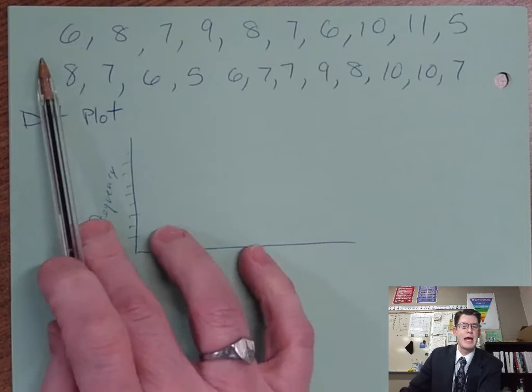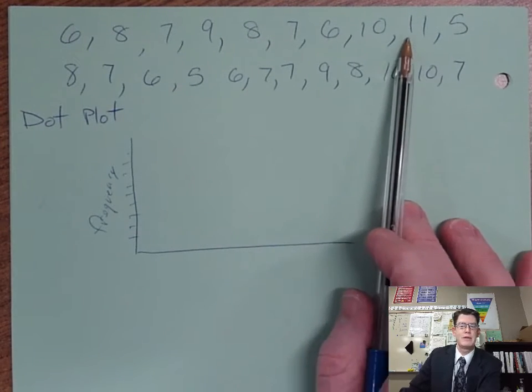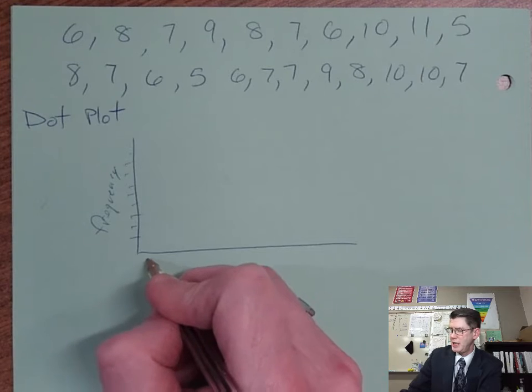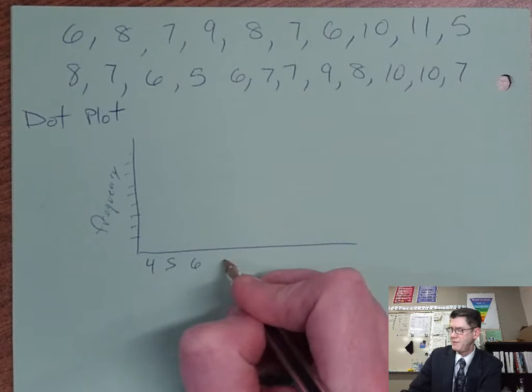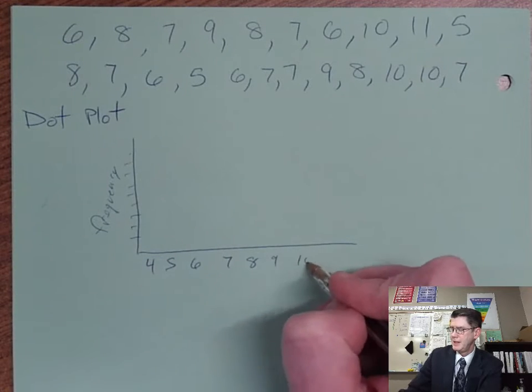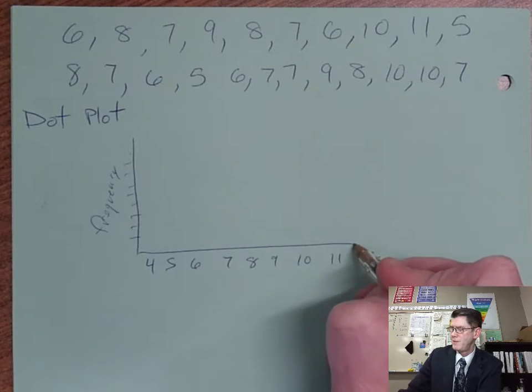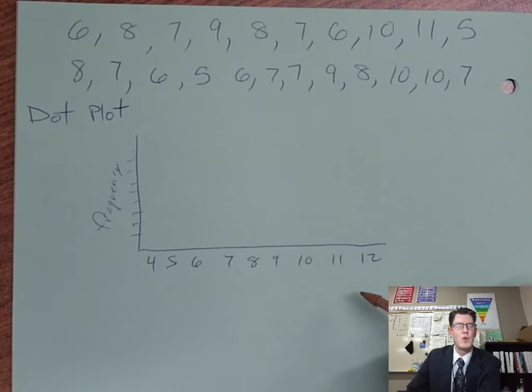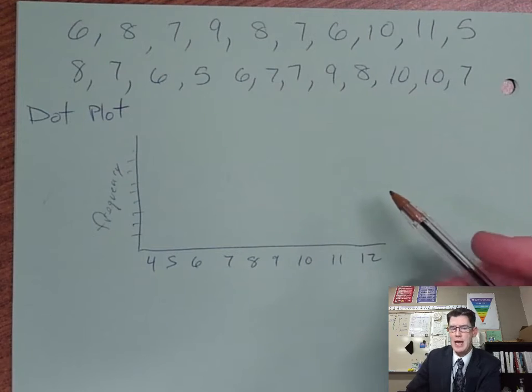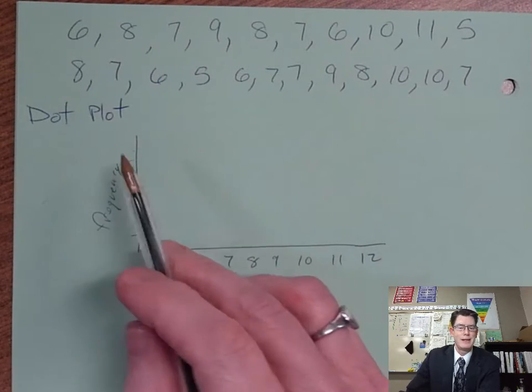What are the items that I have? I can see that I've got items between 5 and 11. So I'm going to say 4, 5, 6, 7, 8, 9, 10, 11, 12. Once you get an idea of what I'm doing, you can fast forward this video, but I just put a dot for every item.